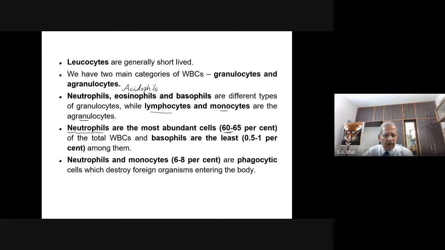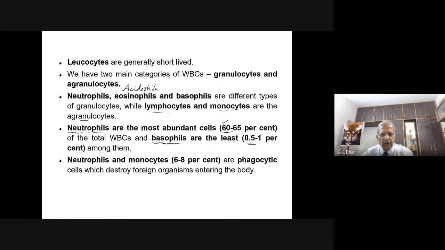And the least number of leukocytes are basophils. Basophils are the least among the leukocytes, with around 0.5 to 1%. Most abundant is the neutrophil, 60 to 65%.